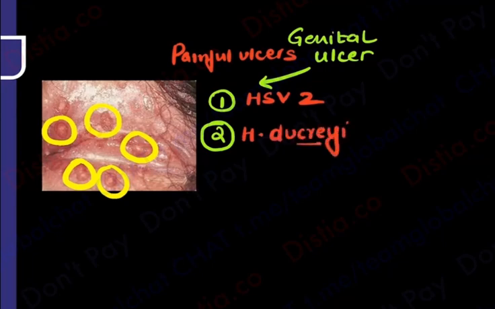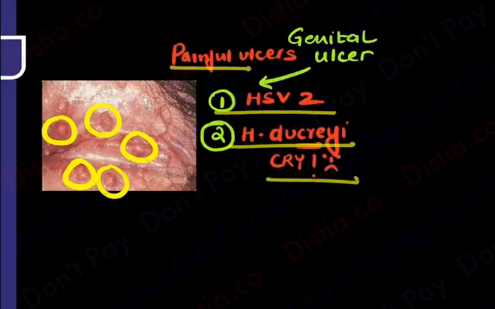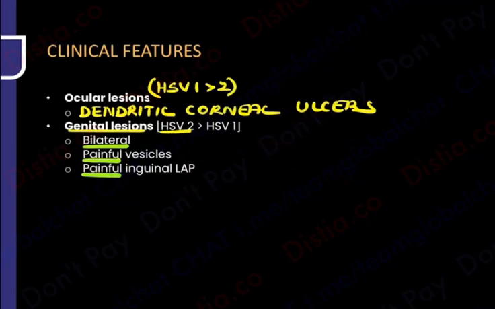Because I told you with ducreyi the patient is gonna cry with pain. There is going to be a lot of pain. So remember, herpes simplex virus 2 and Haemophilus ducreyi are the ones which are going to come as painful ulcers. Okay? So coming back, not only are the vesicles and ulcers painful, but also the lymph node that is formed is going to be painful. That is the genital ulcers.